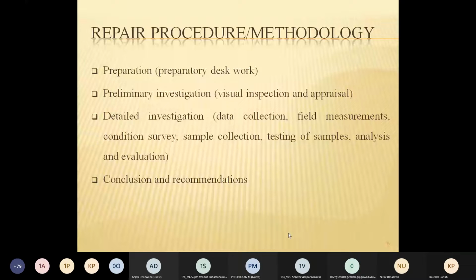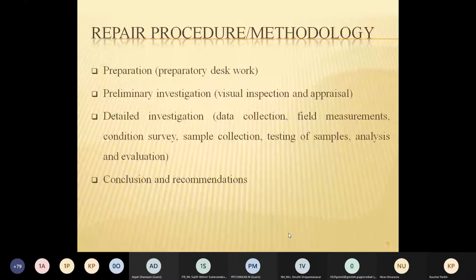So the primary and detailed investigations are the main components of the repair procedure. The detailed investigation includes data collection, field measurement, condition survey, sample collection, and testing of samples, and finally the conclusion and recommendations. With these, we can proceed further.